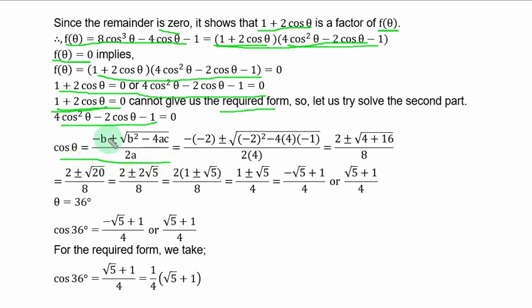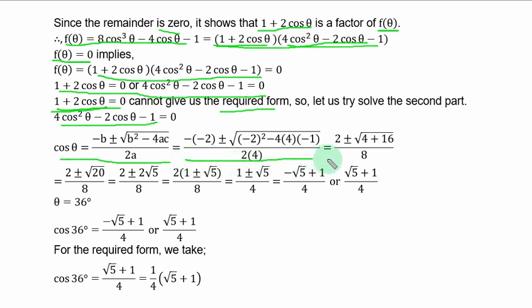From here, the coefficient of cos squared theta is a, and that is 4. The coefficient of cos theta is b, that is minus 2, and the constant term is minus 1. You have them in the formula.